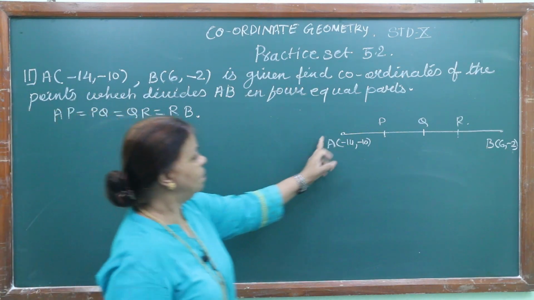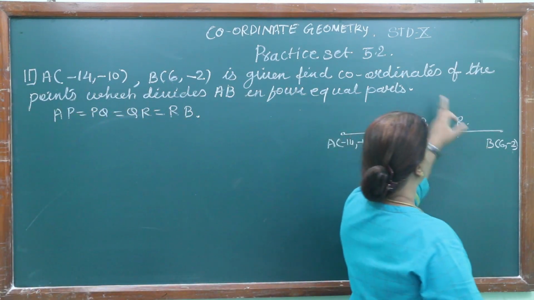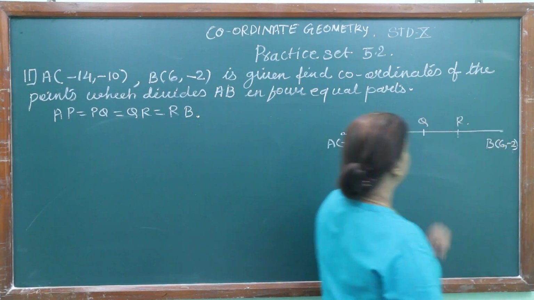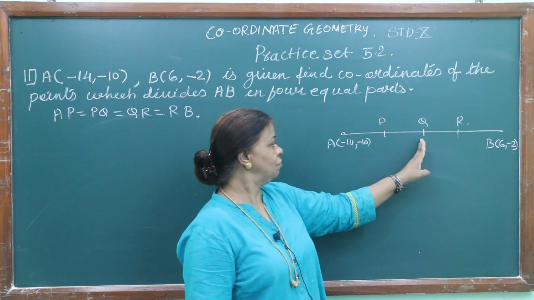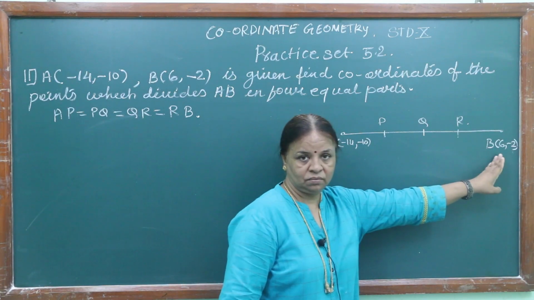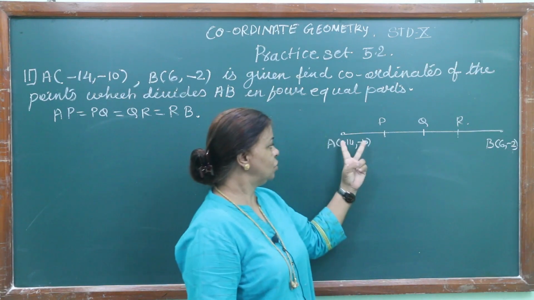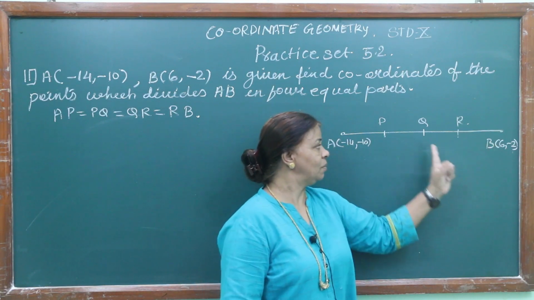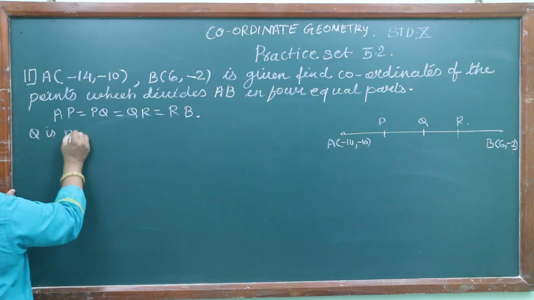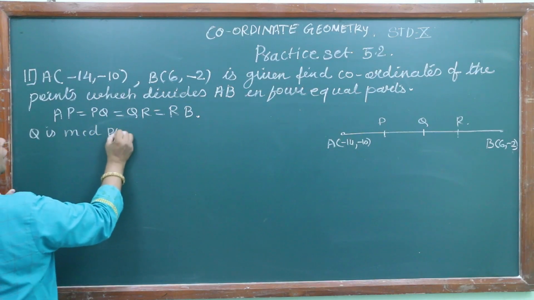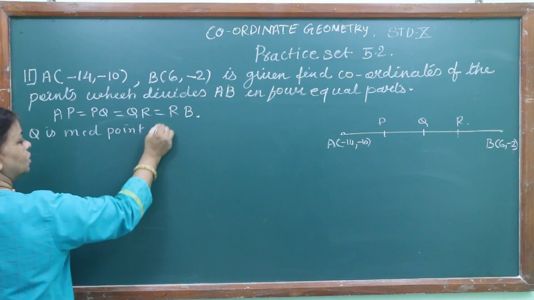Fine. If you look, children, Q will be the midpoint of A and B, because these are 2 equal parts and these are 2 equal parts. So Q is the midpoint of AB.